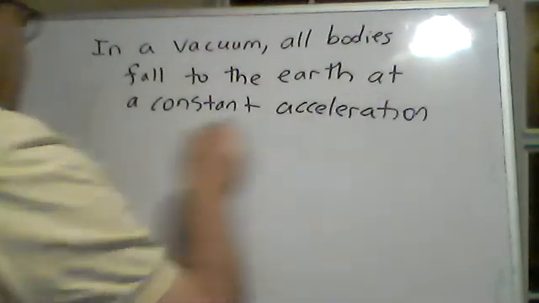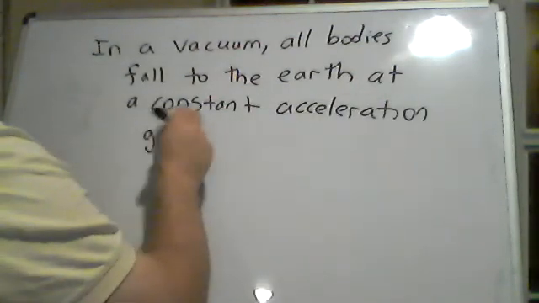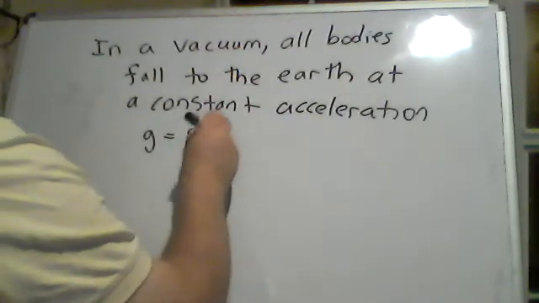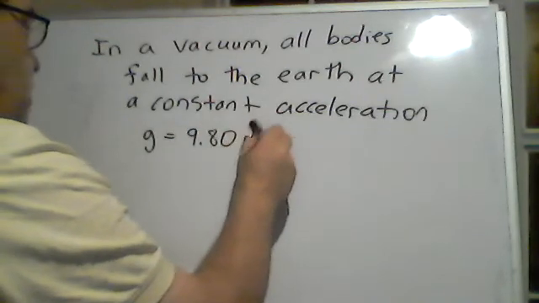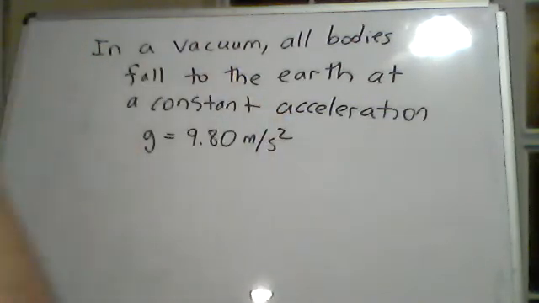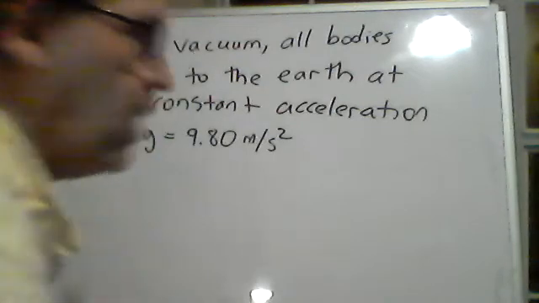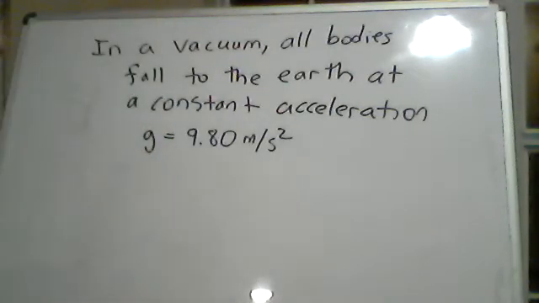And we take it to be, in this class, g equals 9.80 meters per second squared. I will prove in chapter 4 why the Earth has 9.80 meters per second squared. Other planets and moons have different values. But for right now, we're not going to worry about that. Galileo had no idea why, but he did know that the acceleration of gravity was basically this value.